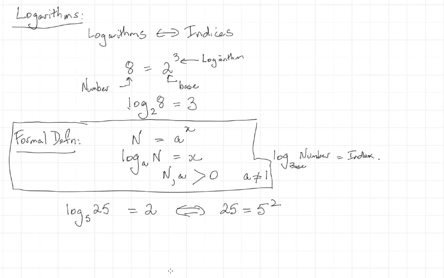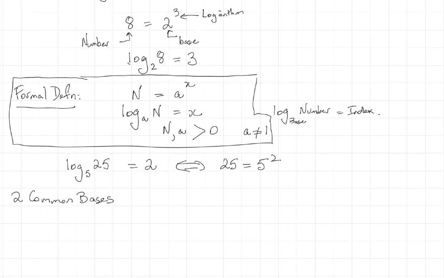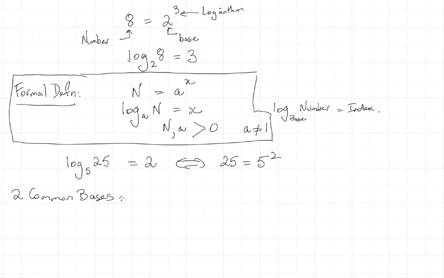There are two common bases. If you have a look on your calculator, you'll see that there are 2 log buttons. We've got base 10 and we've got base e. Now base 10 can be written as log to base 10 of say 1,000.